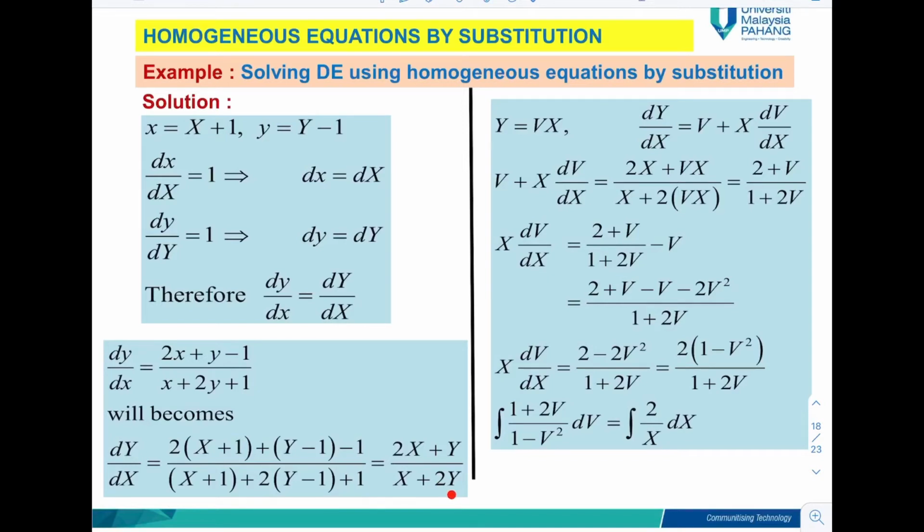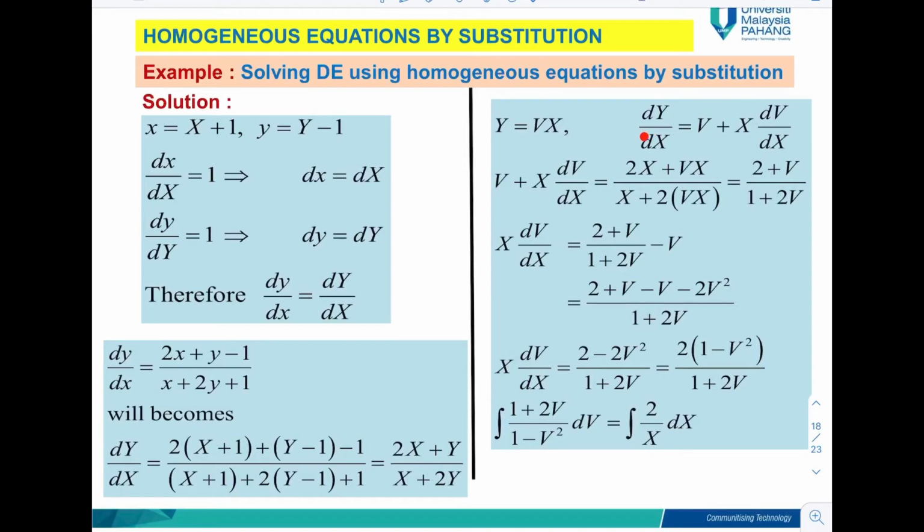So now we go to the homogeneous steps. Remember the standard substitution is y equals vx, but over here we will use capital Y, same goes to the v and the X. Why is that? Because we have replaced the small x and small y by the capital X and Y. So this one is similar to before.